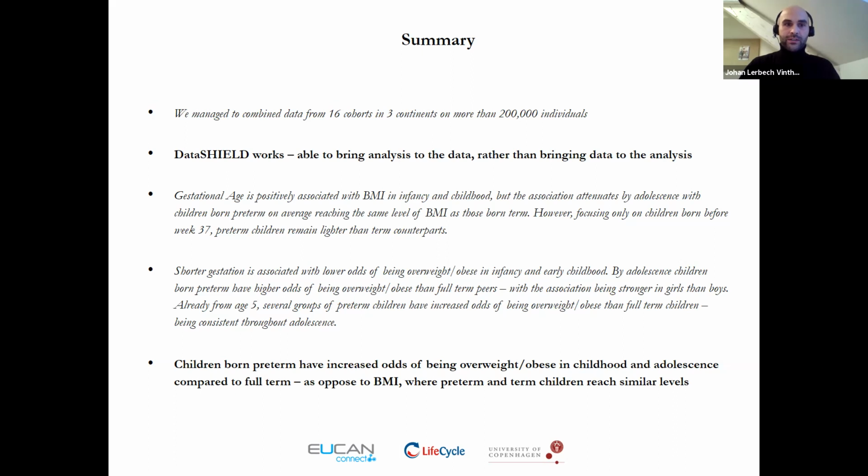So shorter gestational duration is associated with lower odds of being overweight and obese in infancy and early childhood, but by adolescence, children born preterm have higher odds of being overweight and obese compared to full-term peers. And this association, as I showed you, is stronger in girls than boys. So children born preterm have increased odds of being overweight and obese in childhood and adolescence compared to full-term, as opposed to BMI, where they reach a similar level by adulthood.